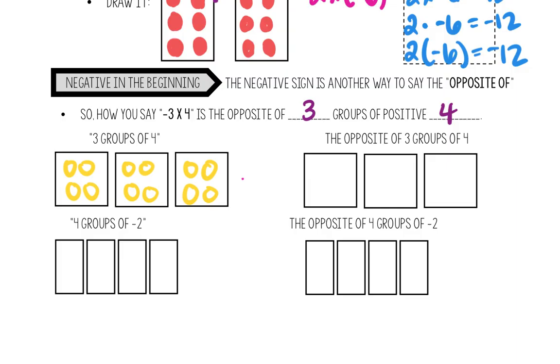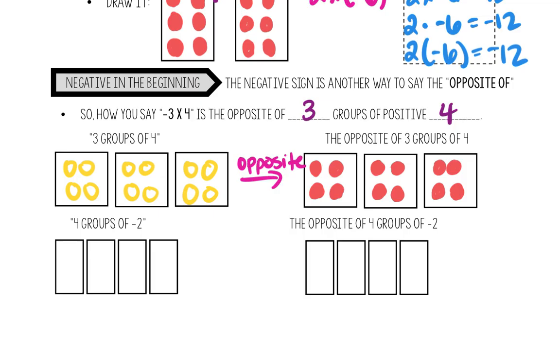So I'm going to show the opposite of that. So what is it going to be for the opposite? That means I just flip it all over and it's going to be negatives. Okay, and again, I'm getting this from this opposite of, it means negative, and then 3 groups of 4. So what does it equal when I have the opposite of 3 groups of 4?